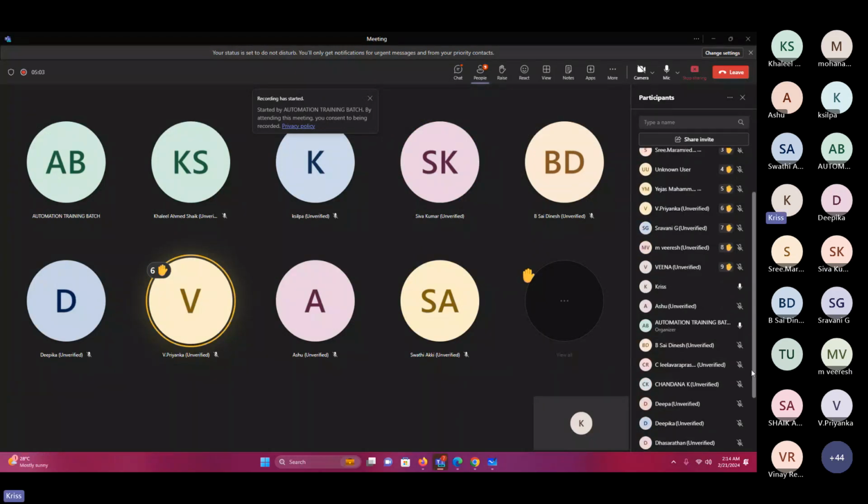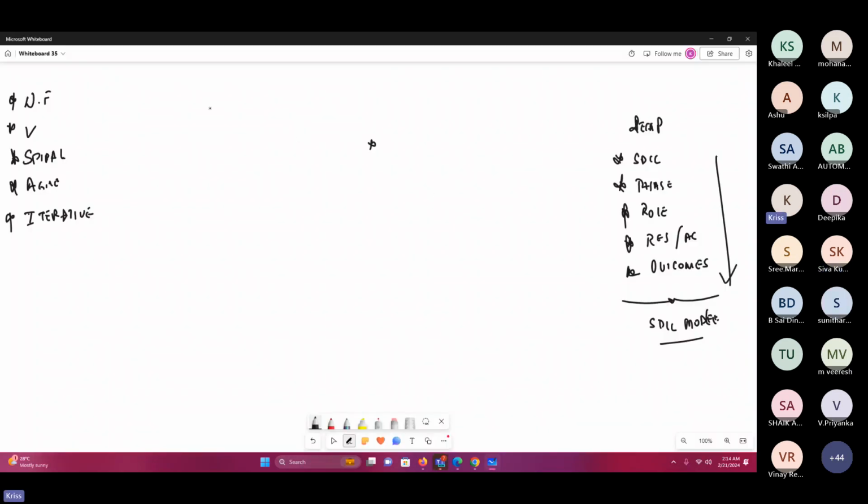Chandana K, what are the models missed over here? Whatever the models are, you don't need to tell me those. What are the other models missed?